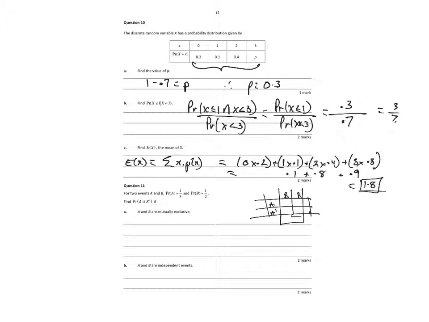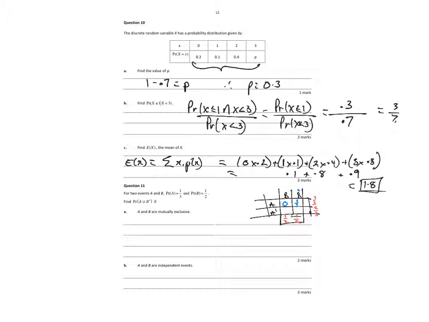So probably not big enough. A is 1/3, so A dashed is 2/3. B is 1/2, so B dashed is also 1/2. Now, if mutually exclusive, so this is the floater, makes that 0. Now, don't forget, A intersection B dash is equal to 1/3.